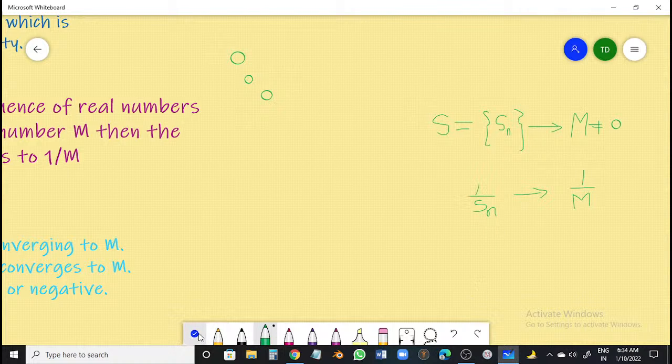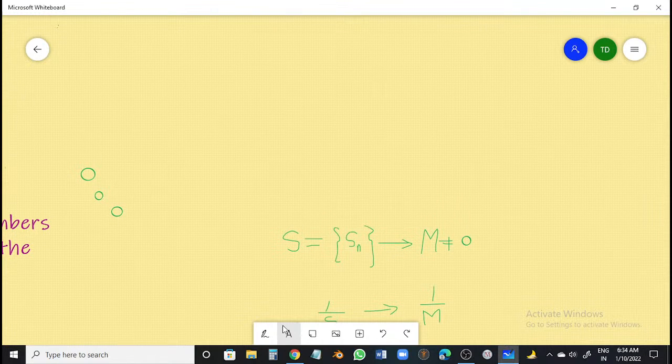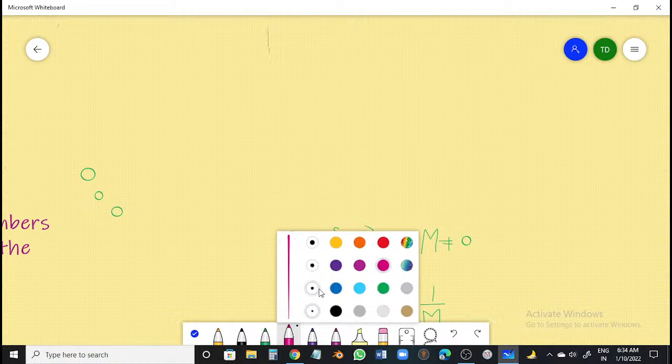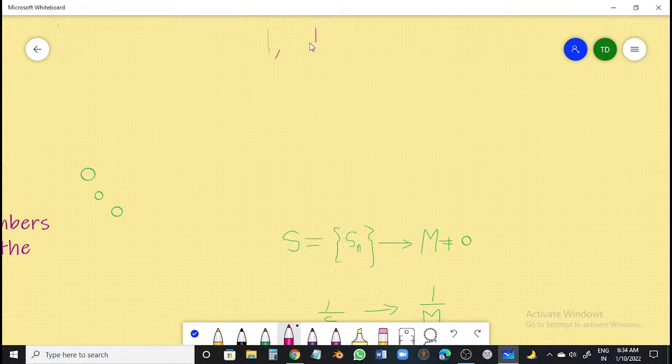For a short example, let us go with our favorite sequence 1 by n. For n equal to 1, 1 by 1 is 1. Next term will be half. Next term will be 1/3. We all know, and so on, 1 by n.